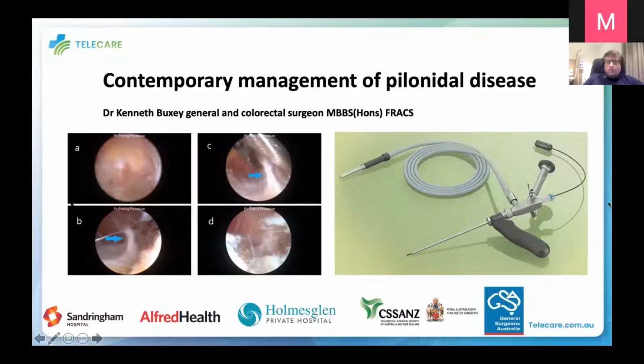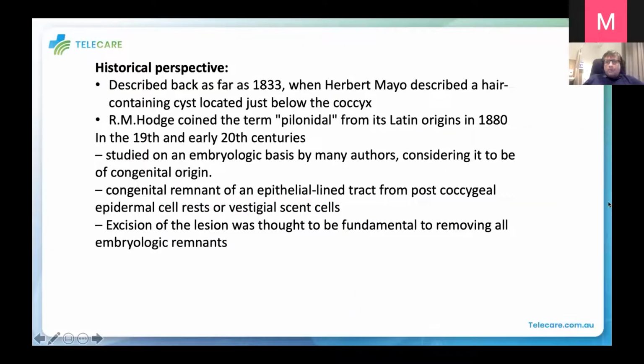sinus being treated. But if we go back historically, this condition was described in 1833 as a cyst under the coccyx, and it was subsequently appreciated that this pathology contained hair, and so it was described as a pilonidal condition, from the Latin for nest of hair, and was initially not thought to be an acquired condition.